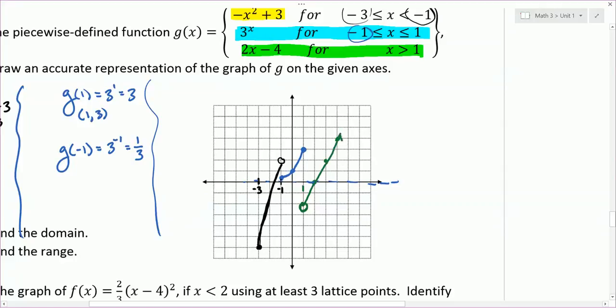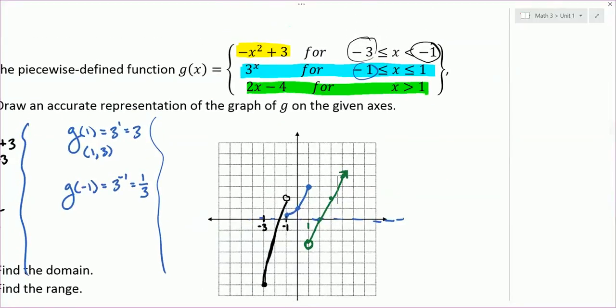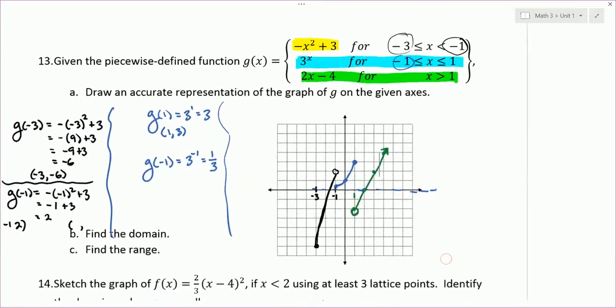And I'm going to put an arrow on the right hand side saying that we're just going to continue that on forever to the right. We don't put an arrow on the far left because it's not continued as far left as we want. And so there's our piecewise function. It looks a bit weird, but there it is.